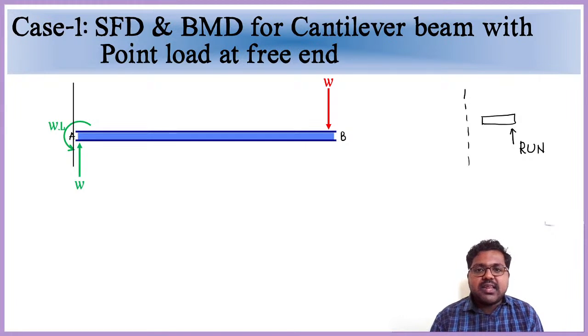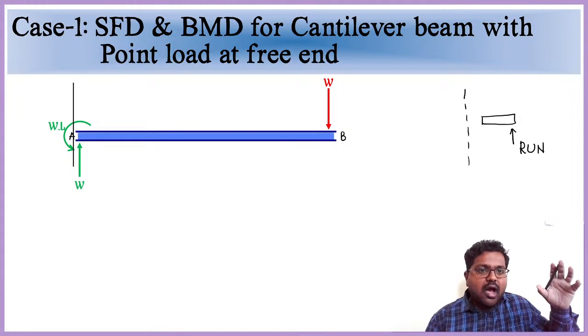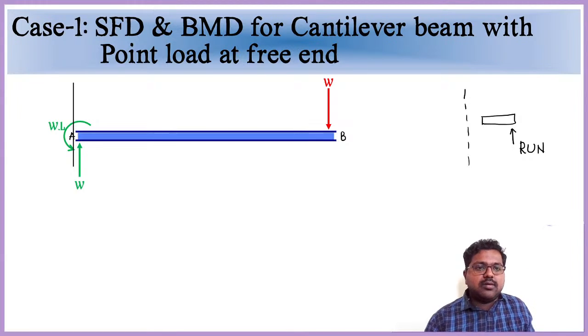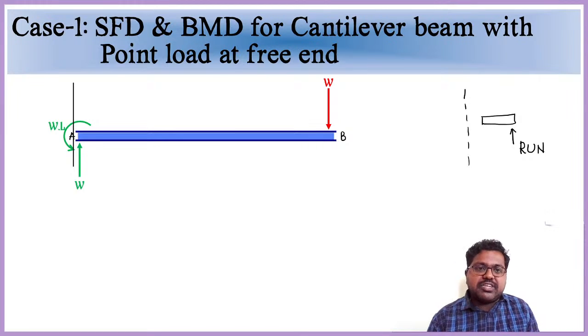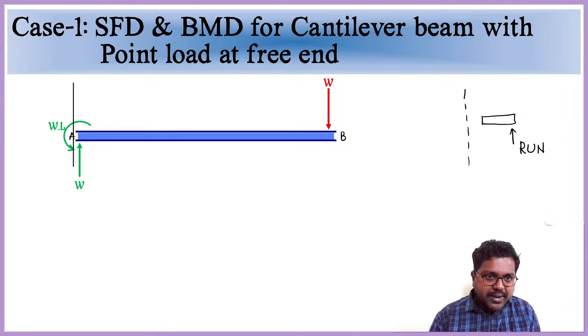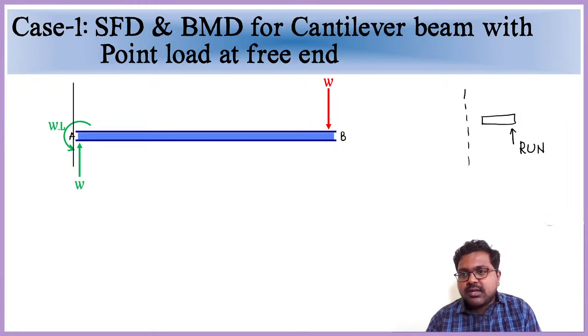So when I am considering from right side, see here I have a cross section at point A, I will take it like this. So right of this A, how are these forces acting? To find the shear force we need to give some sign convention. So to this section, right of it W is acting and immediate right of it reaction W is acting. So first we need to consider these sign conventions.